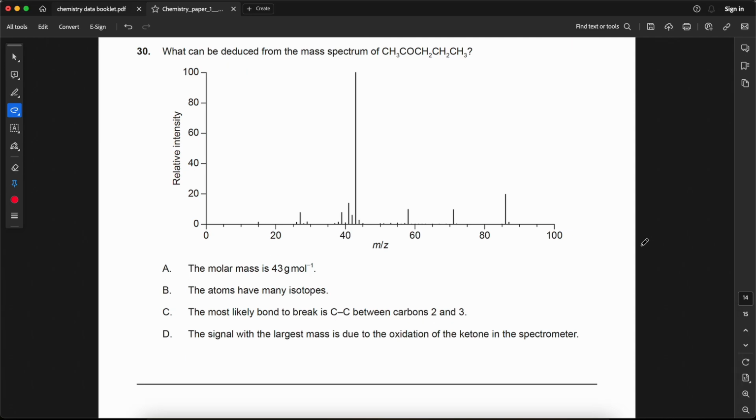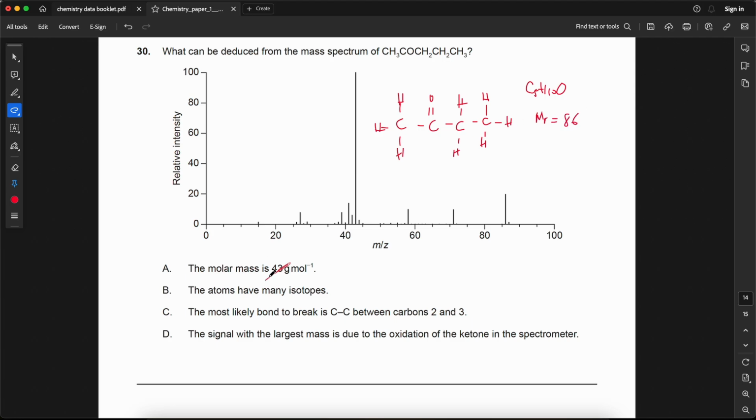The last one, what can be deduced from the mass spectrum CH3, CO, CH2, CH3? Alright, this is a ketone. So the molecular formula is C5H10O with Mr 86.